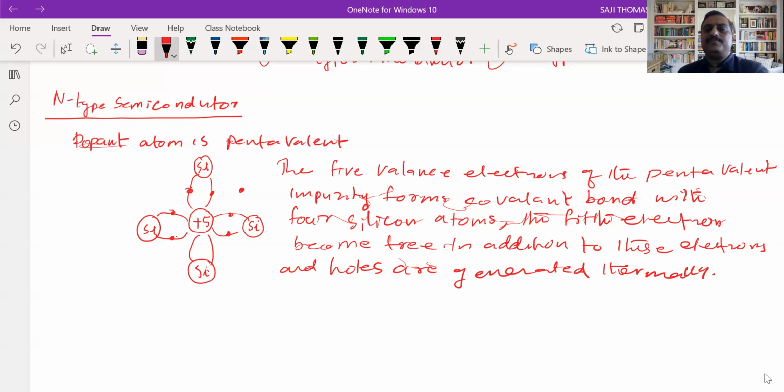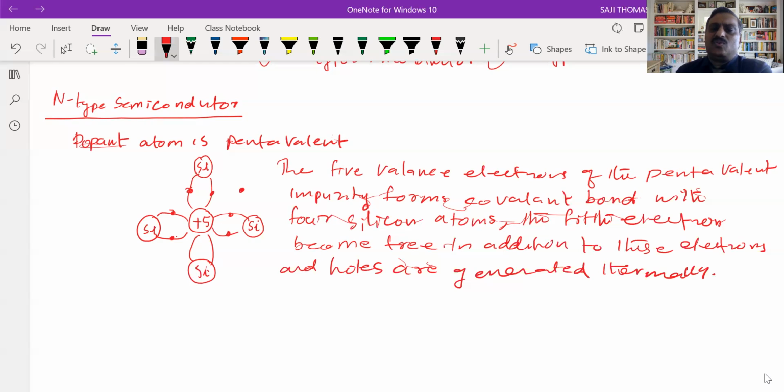So in N-type semiconductor, the number of electrons will be very large compared to the number of holes. Electrons are called majority carriers, holes are called minority carriers.